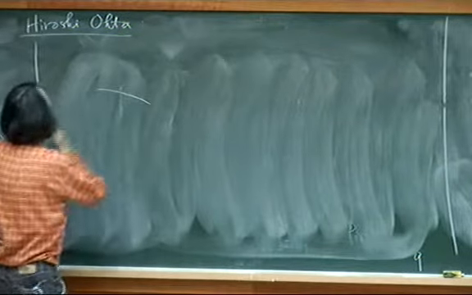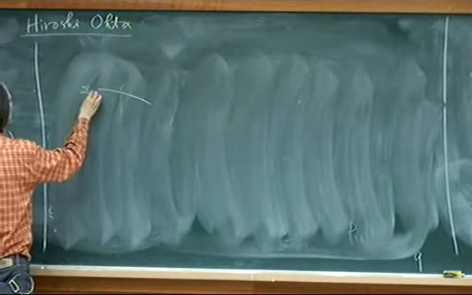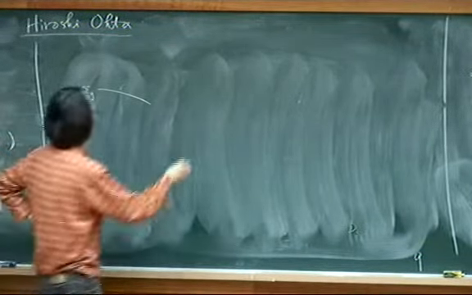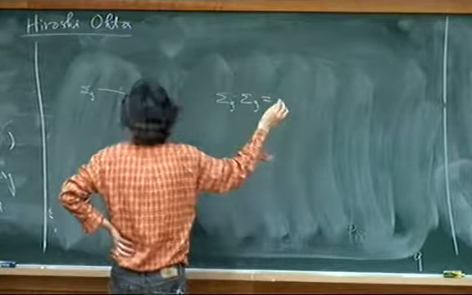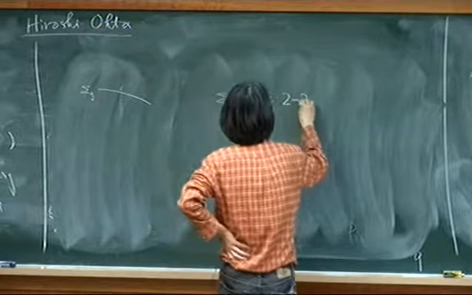So now I consider the following. I have one curve, this is sigma g, and self-intersection number. First, we consider the case that the self-intersection number is equal to 2 minus 2g.